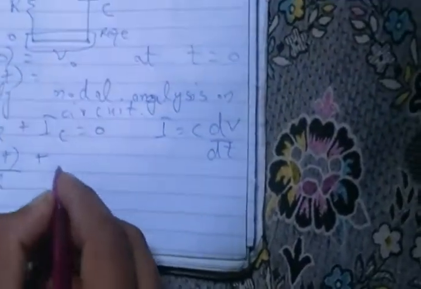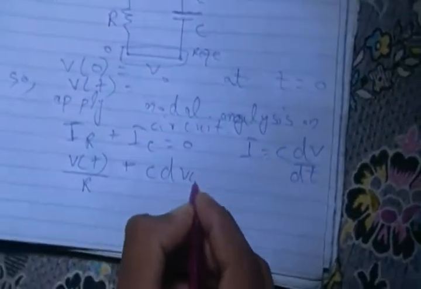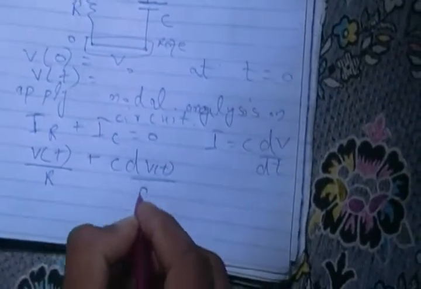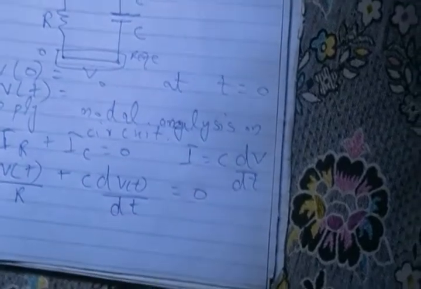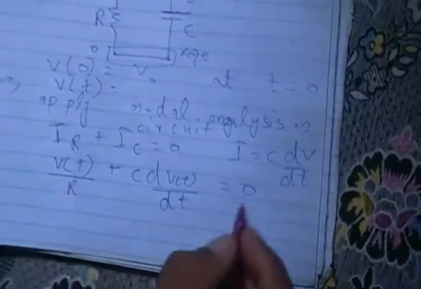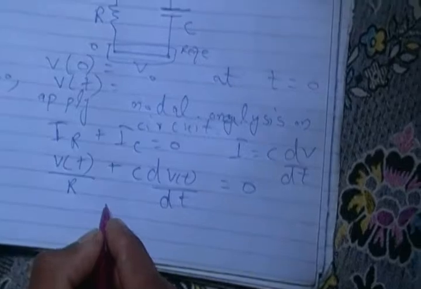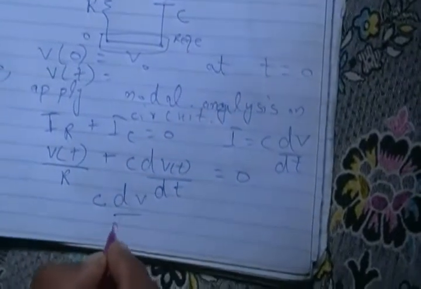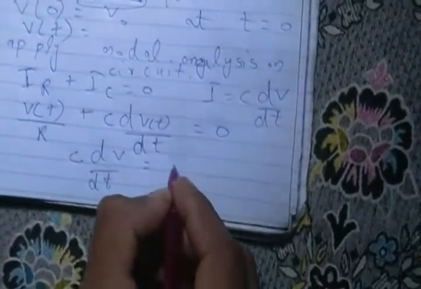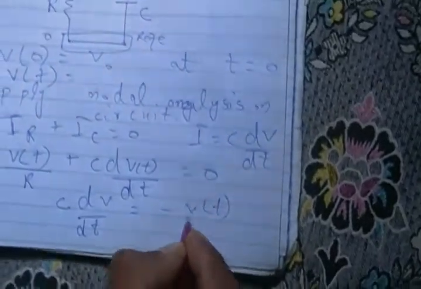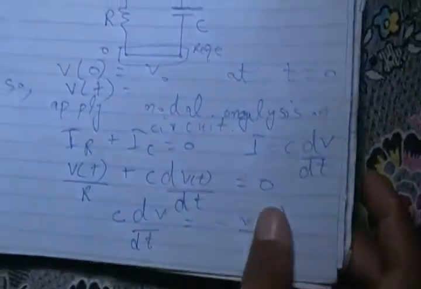So we apply this here: C dV of t over dt equals 0. We shift this to the other side: C dV over dt equals minus V of t over R.